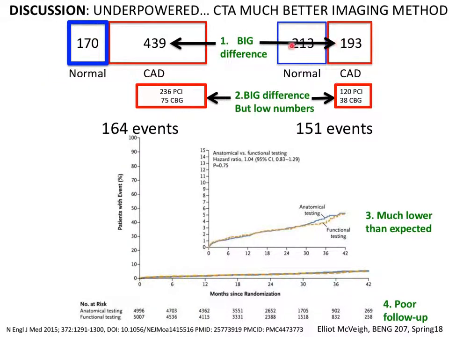So here are the two big differences from this paper. 193 positives on cath, 439 positives on cath in this CT arm versus SPECT, and then a lot more treated in this arm. However, it didn't seem to make a difference. COURAGE, which is on your problem set this week, the COURAGE trial, looks directly at what happens if you give someone treatment with PCI versus giving them optimal drug therapy.